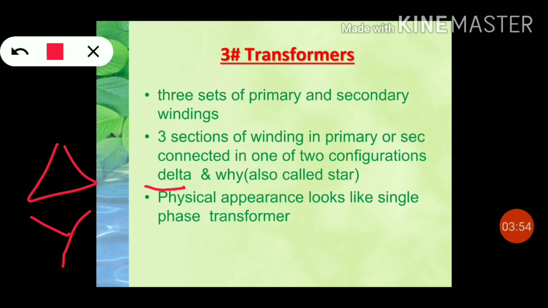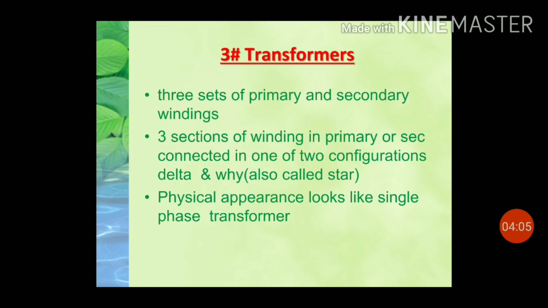Delta is like this and Y is like this. The physical appearance is just like your single-phase transformer, but here the output voltage may be of the same maximum value, with a 30 degree shift in phase between two of the pulses.